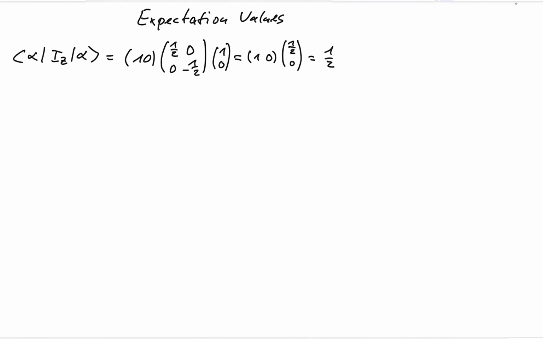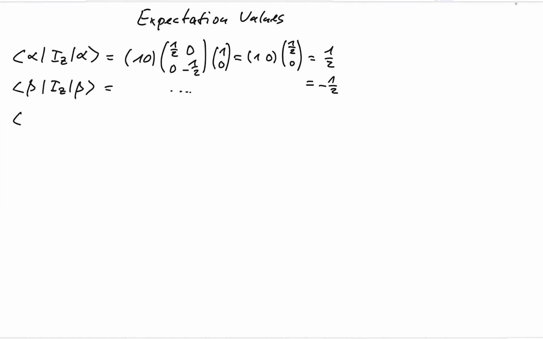As expected, the alpha state applied to Iz gives a finite value, and this is 1/2. And similarly, when we look at the beta state applied to Iz and do an equivalent calculation, I just give the result: this is minus 1/2. So it is indeed the other energy level, and this is indicated here by this expectation value.